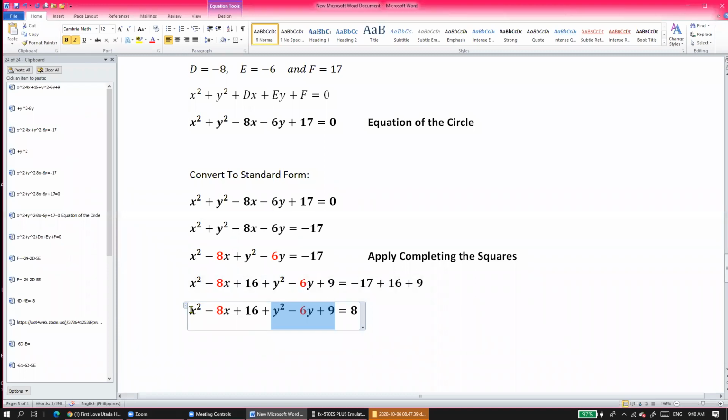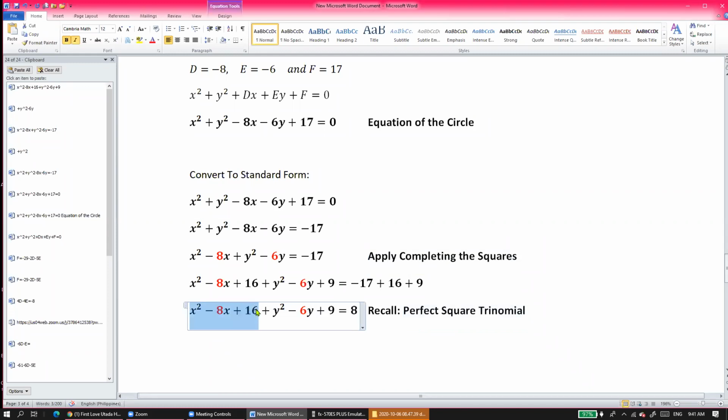So how will I do the process for x square minus 8x plus 16? Okay, recall perfect square trinomial. Any trinomial we form from the process of completing the square is automatically a perfect square trinomial.